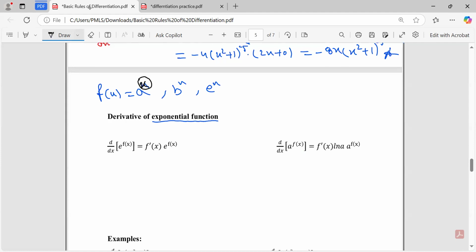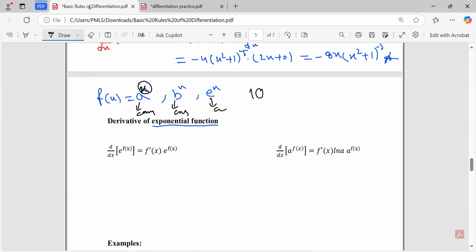Keep in mind that a and b are constants. In the same way, 10 raised to power x, 2 raised to power x, and e raised to power x, where e is the Euler constant, right? So these types of functions are called exponential functions.